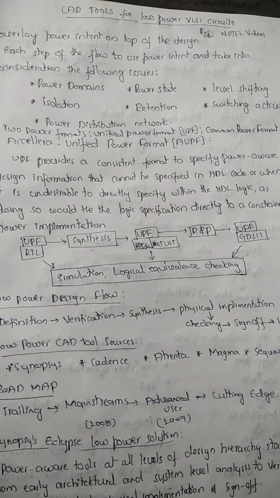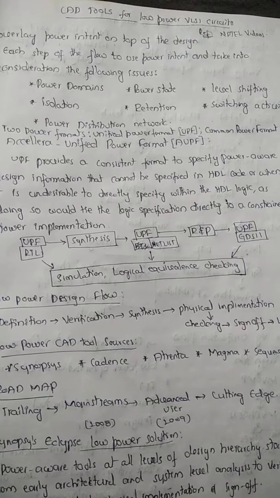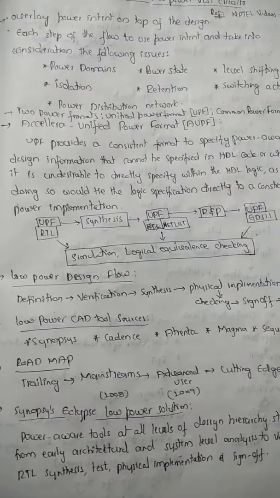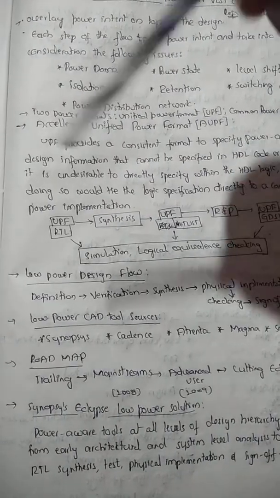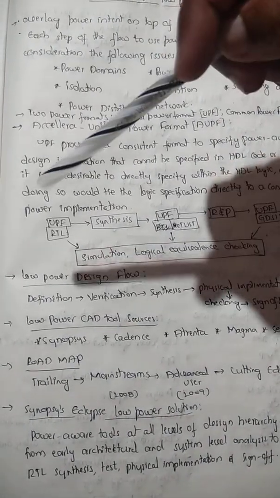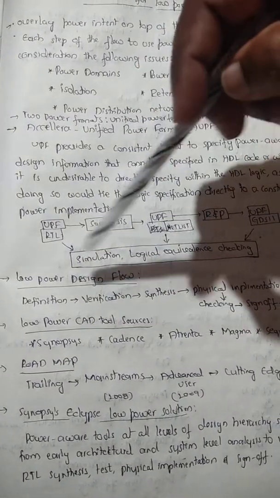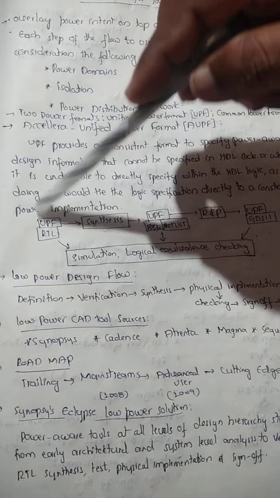Next we will see the design flow. First we have the definition, where we define the power domains and logical power intent, all of which we define using this UPF.